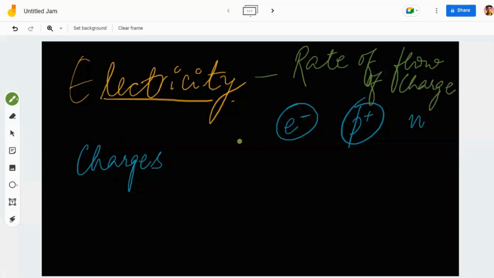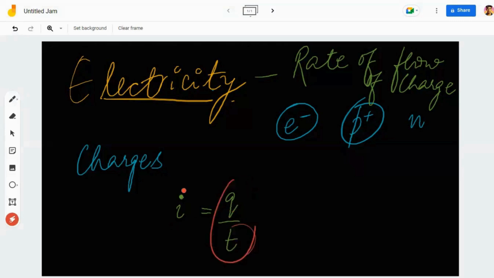We usually express it with the symbol I. You can write Q by T, so Q is equal to I T. If Q amount of charge passes in T seconds, we can calculate the current flowing across a certain cross-sectional area. We can say this much current is passing through it.